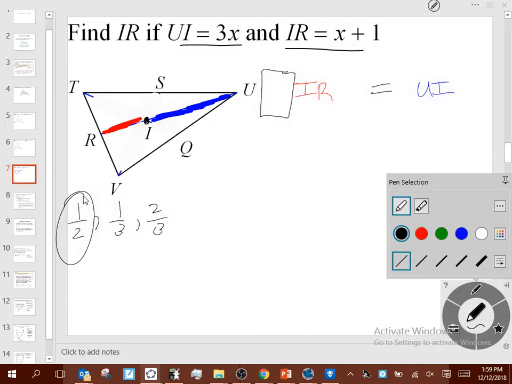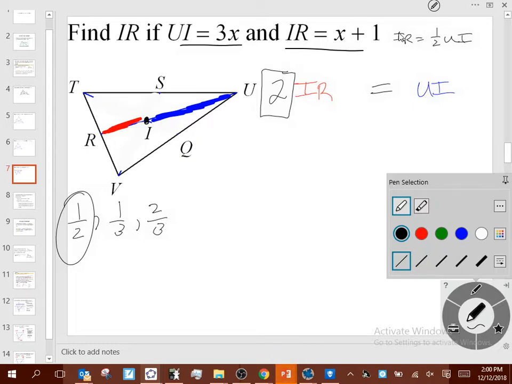We'll manipulate that one. So is that bigger or smaller than the blue one? It's smaller. So what do I need to do to make it equal to the blue one? Make it bigger. So what do I need to multiply by? 2. Okay. Is it equal to say that 1 IR is equal to 1/2 UI? That example there, IR equals 1/2 UI, is actually taking UI, the blue one, and shrinking it down to be equal to the red one.